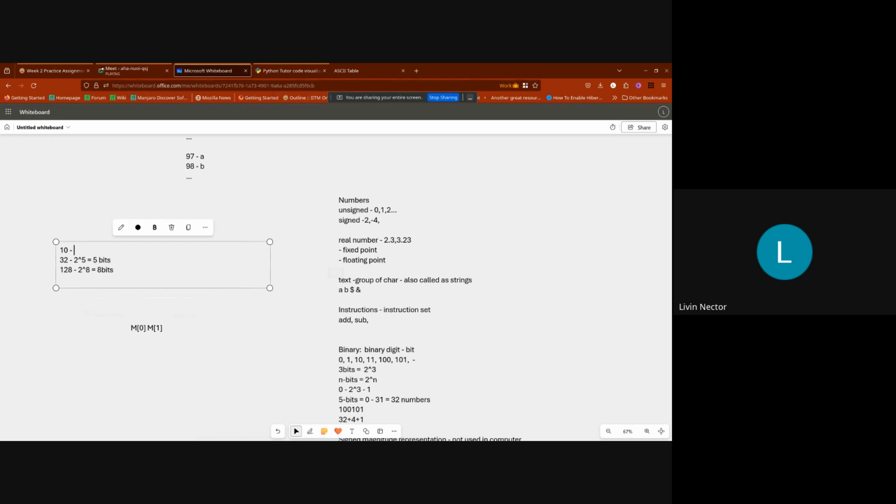Correct? So to represent 10 values, how many bits do we need? Anyone? Okay, let's make it easier. To represent 8 values, how many bits do we need?